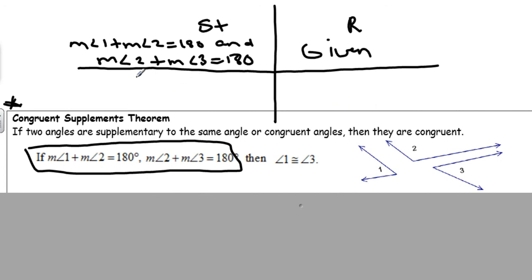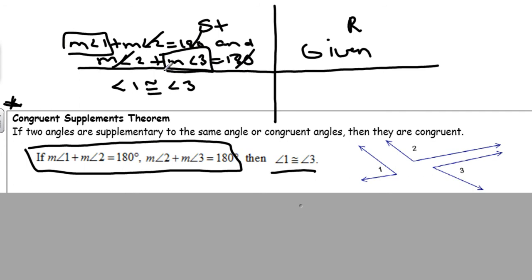Then in your next line, you would see that angle 1 is congruent to angle 3. It looks like they replaced the measure of angle 2's here, and they got rid of this 180, and then they just set 1 congruent to 3. It kind of looks like a roundabout transitive property.